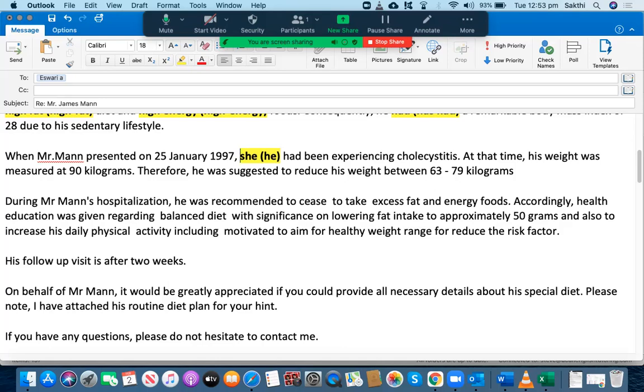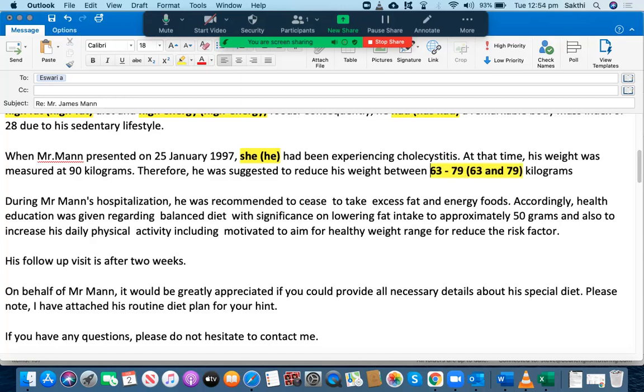At that time, his weight was measured at 90 kilograms. Therefore, he was suggested to reduce his weight between 63 to 79. That's wrong. This is wrong as well. It should be between 63 and 79, because whenever we need to use between, we have to use and. Between something and something.